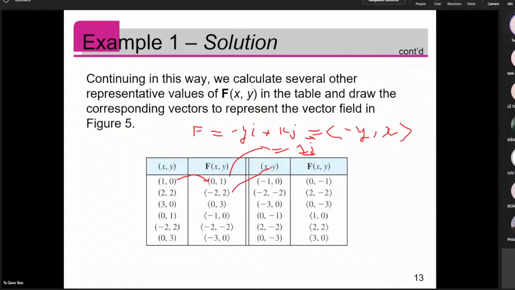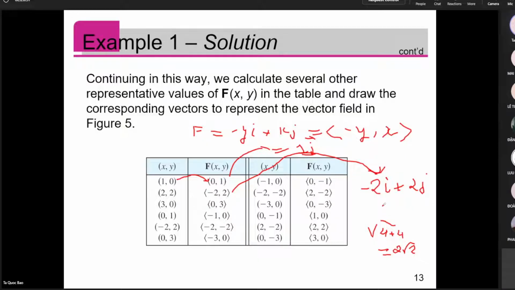This becomes 2i plus 2j, and the length of F is the square root of 4 plus 4, which equals 2 square root 2.